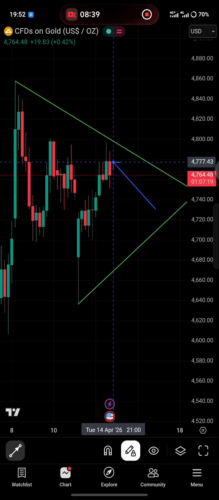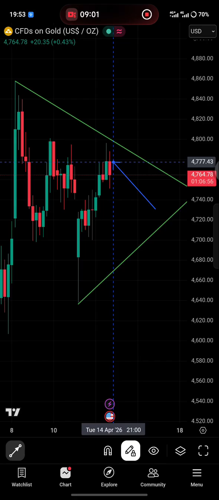Based on reasoning, based on criteria, based on conditions that you have set up. Don't enter a trade based on emotion, based on just panic. I can understand your point of view when you're panicking, because the market sometimes is trapping you and pushing you into deeper drawdown, right?